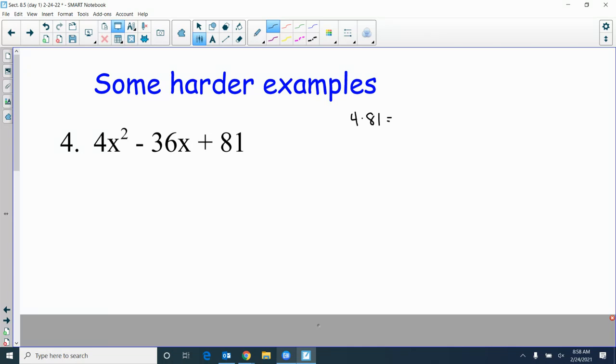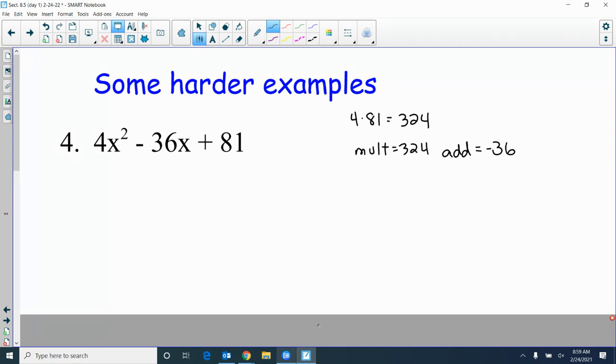Okay, Connor. Can I get the rest? All right, 4 times 81, what is that, 324? Yes. Now I need two numbers that multiply to get 324 and add to get what?